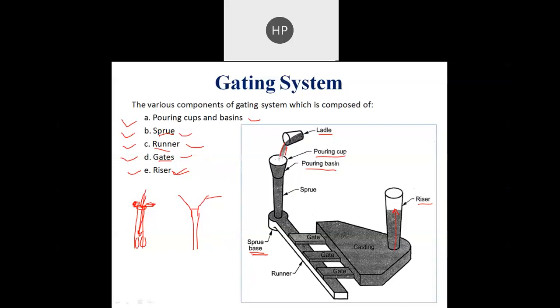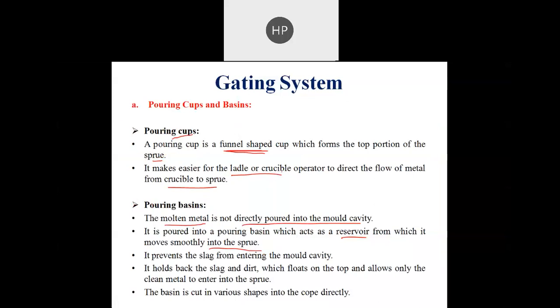Through that pouring basin, the flow of the metal will be smooth, and it prevents the slag from entering the mold cavity. So this is also an important thing, slag. Slag is the layer of material which is generated due to the cooling.